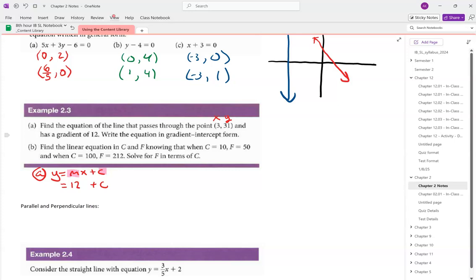What haven't we used yet? The point that we're given in the problem. 3 is x, sure. So we're going to plug in for x and y and then solve for c, right? So I do that, I get -5 for c.